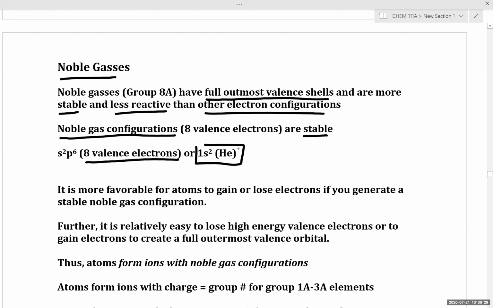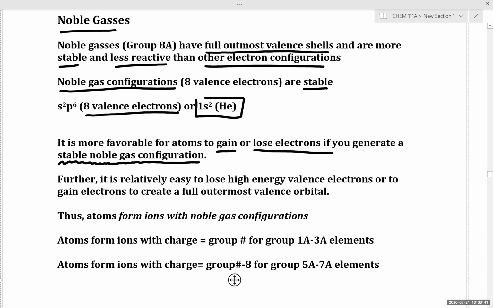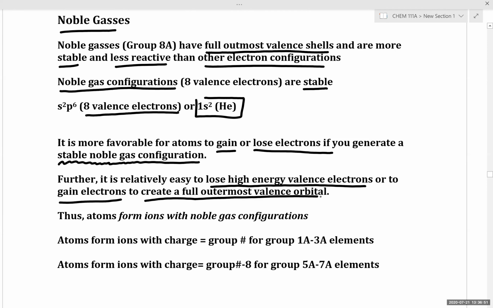Now, the reason why this is important, it's more favorable for atoms to gain or lose electrons if you generate a stable noble gas configuration. Further, it is relatively easy to lose high energy valence electrons or to gain electrons to create a full outermost valence orbital.